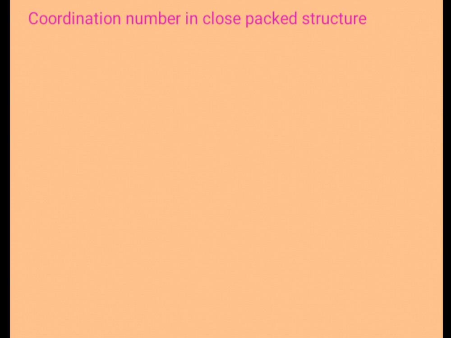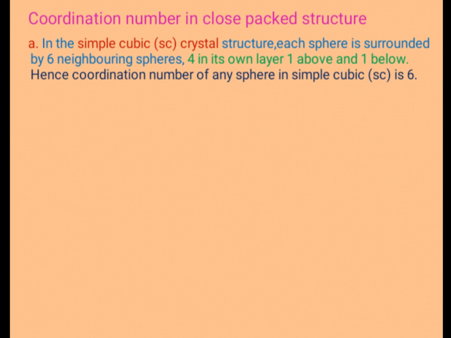They contain different coordination numbers. First is simple cubic, called the SC crystal structure. Each sphere is surrounded by 6 neighboring spheres, 4 in its own layer, one above and one below. Hence, in the simple cubic crystal, the coordination number is 6.